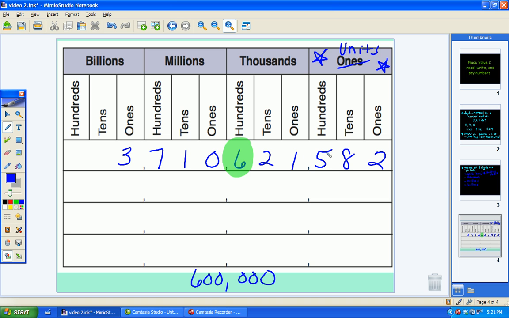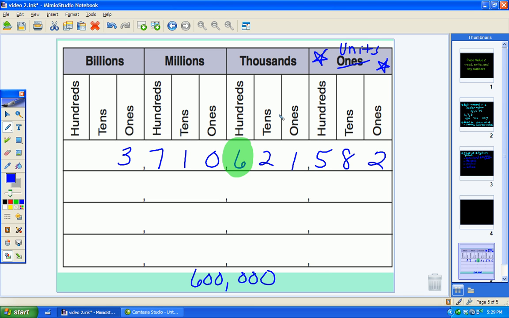So these charts can help you with saying it because you can see where its name is. It can help you with writing its value and just being able to read it, because you know that you read each period at a time. So you'd say 3,710,621,582. We don't ever say this period because, like I said, it's just the building block.